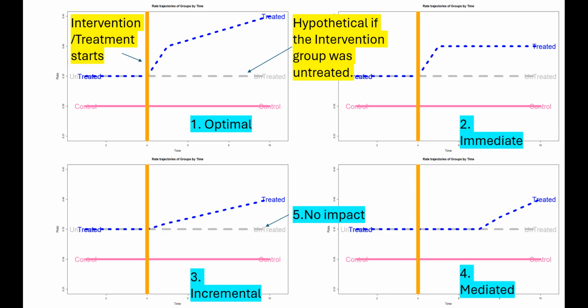The impact is mediated by another factor, and that could be that our staff may use a new practice after the intervention starts, and maybe not until partway through the study we might see that, okay, at that point, that's when our patients start to get involved in that process.